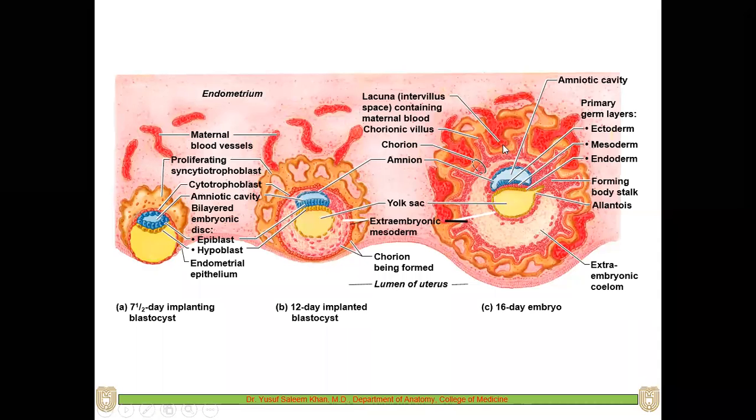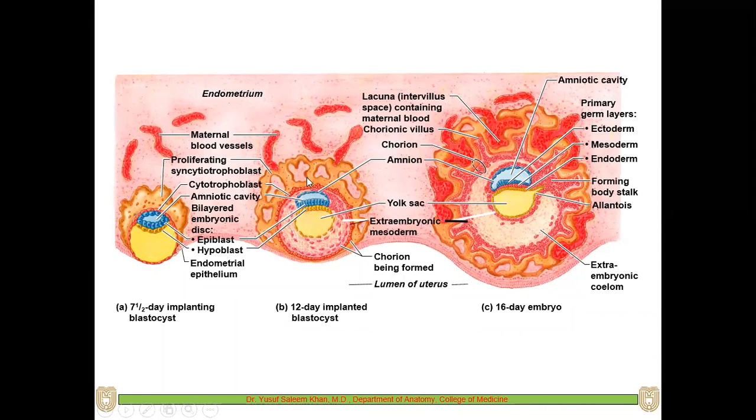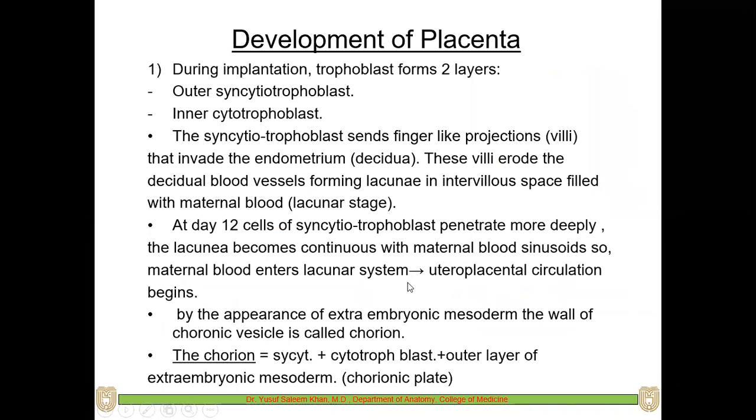This is called the uteroplacental circulation, with the flowing of blood into the lacunae. The maternal blood flows into the sinusoids and enters the lacunar system, which is called the uteroplacental circulation.